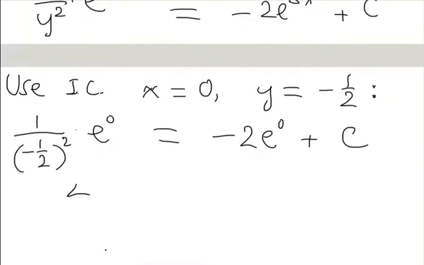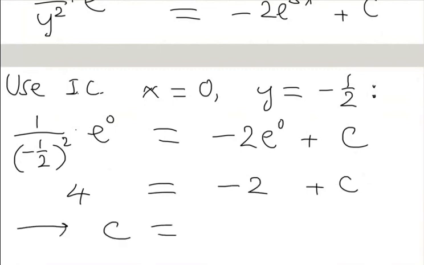Simplifying this, on the left side we have 4, on this side we have minus 2 plus c, and so we get c equals 6.